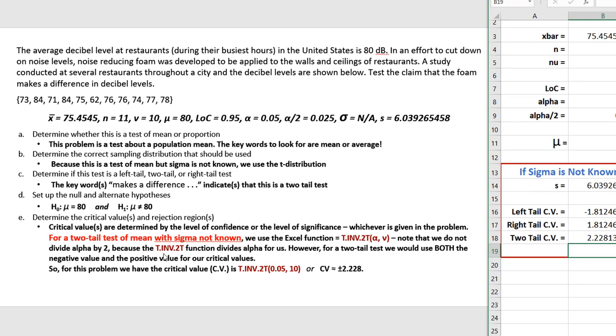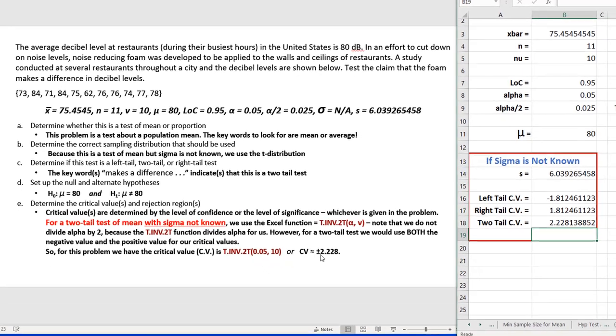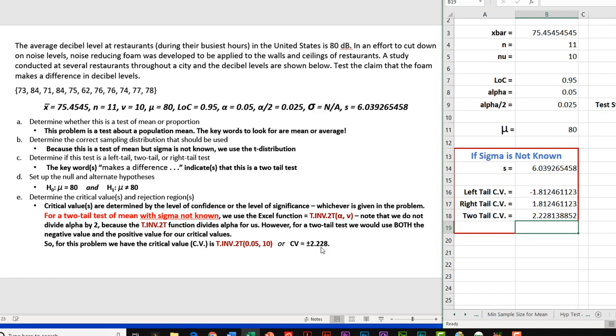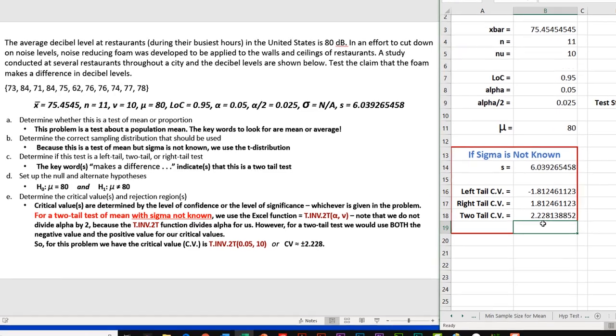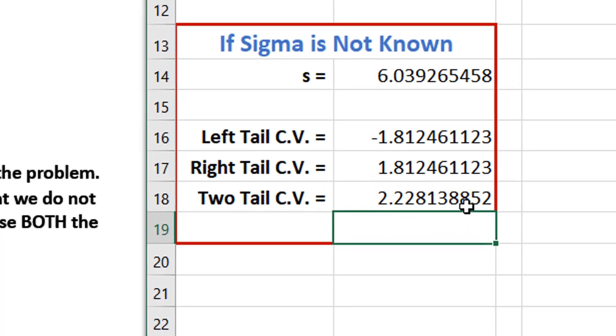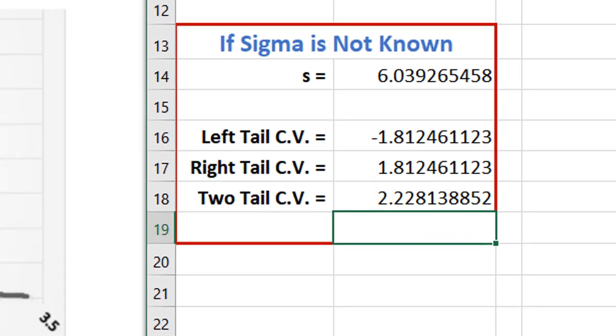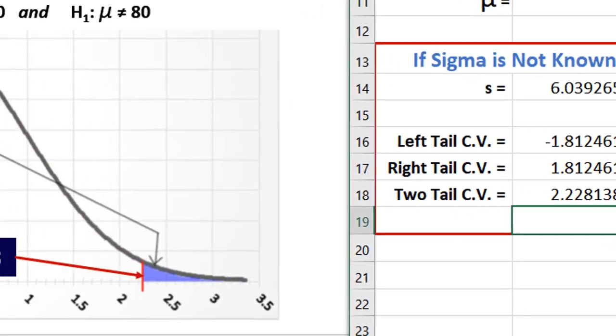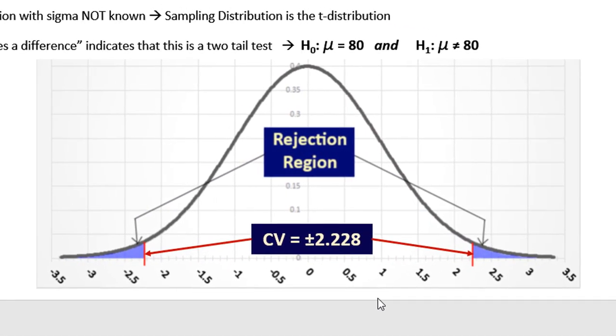Because it's a two-tail test, remember, we use t.inv.2t. We ended up with a critical value of plus or minus 2.228. You could see on the spreadsheet, that's what we have right over here. This is what the image looks like. We have a critical value at negative 2.228, which is right about here where this red line is.